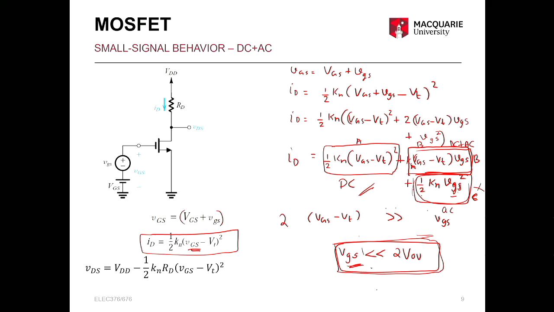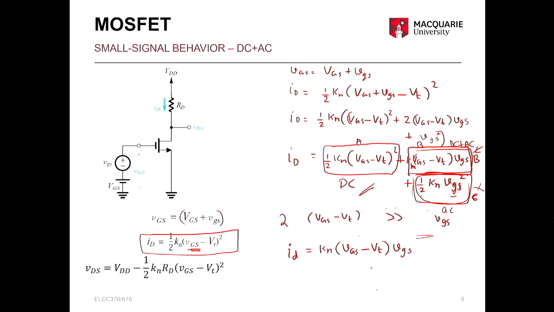So let us look at the useful part there, just taking the AC part alone. id is equal to Kn (VGS minus VT) times vgs.